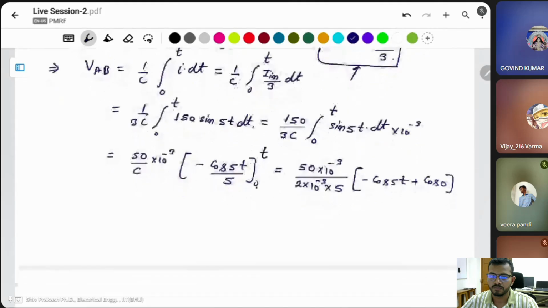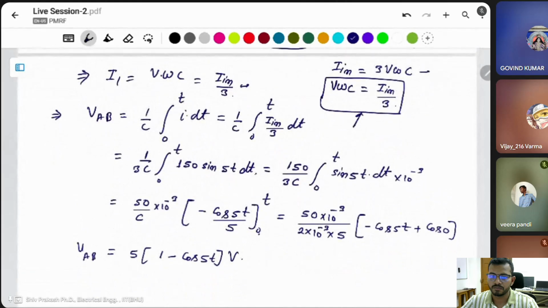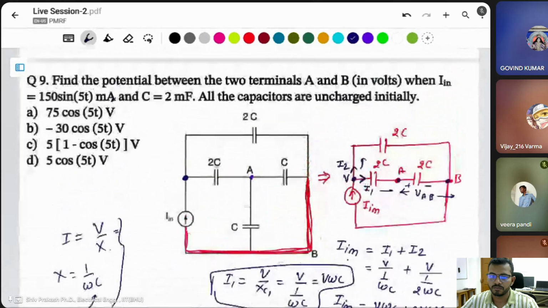This is 0. The 10 to the power of minus 3 will be cancelled out. 5 2s are 10, 10 5s are 50. This will be 5 times 1 minus cos 5t. This is the total VAB voltage in volts, not millivolts. This is the answer.